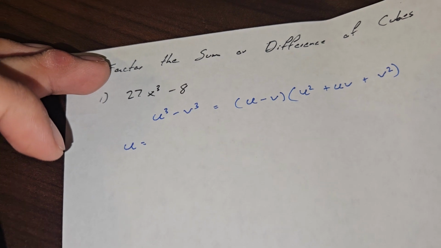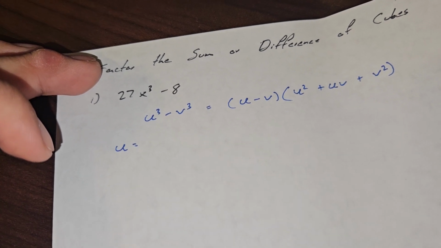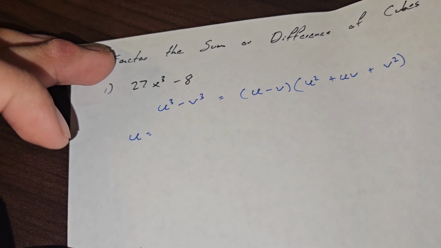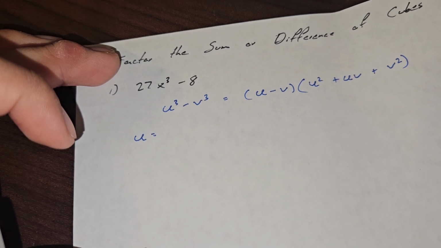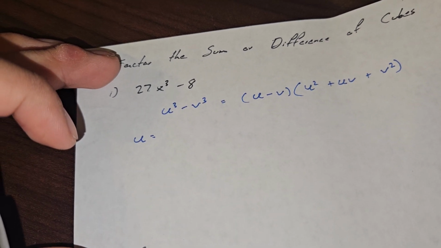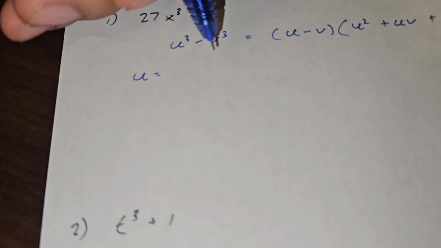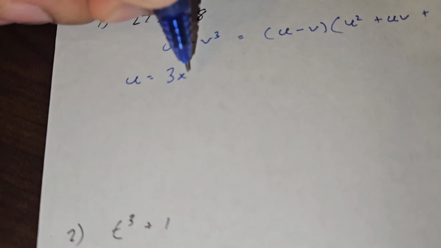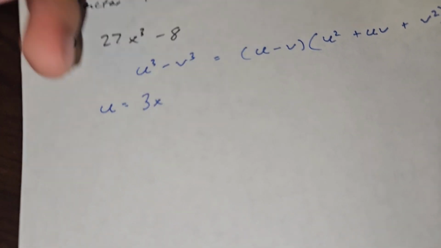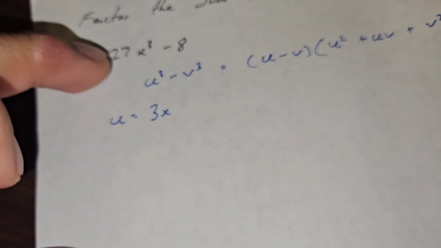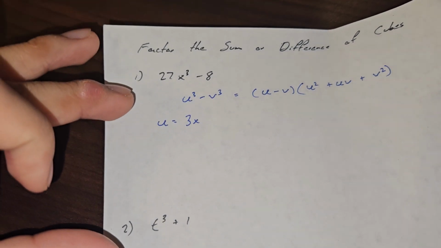What multiplied by itself 3 times will give us 27x to the third power, right? That is going to be 3x, because 3x times 3x times 3x is going to give us 27x to the third power. So that's going to be your u.